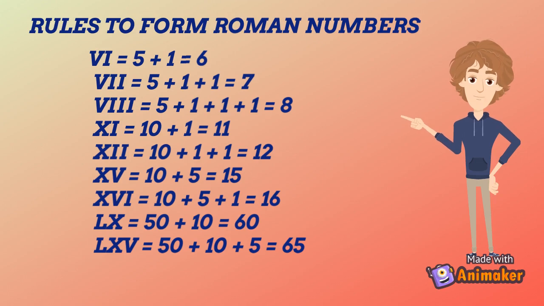XI equals 10 plus 1 equals 11. XII equals 10 plus 2 equals 12. XV equals 10 plus 5 equals 15. XVI equals 10 plus 5 plus 1 equals 16. LX equals 50 plus 10 equals 60. LXV equals 50 plus 10 plus 5 equals 65.